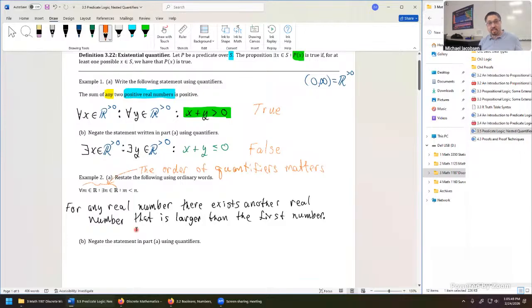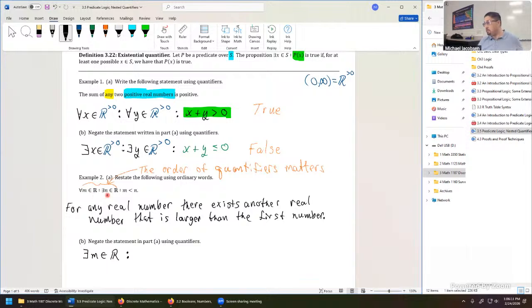So now, just for the sake of practice, we'll negate that statement. And here's how the negation will work. We go from the universal to an existential quantifier. We'll say there exists an m that's a real number. The colon we just read as a literal "such that."